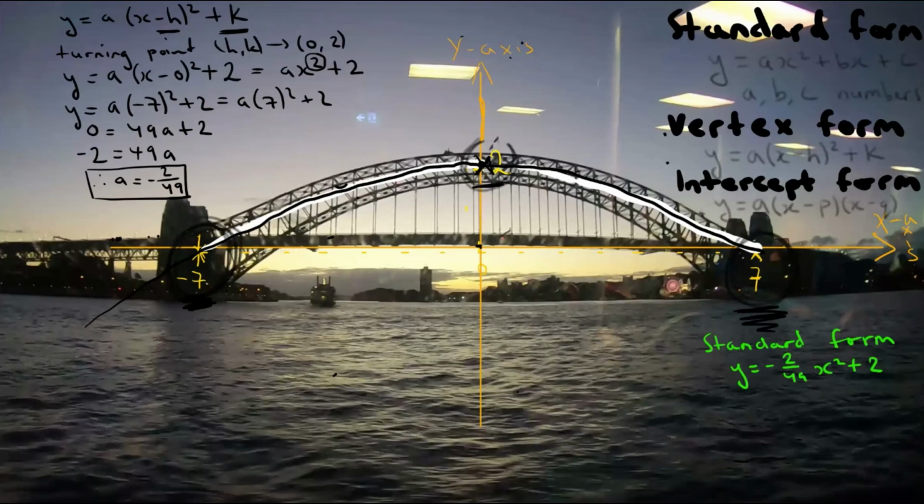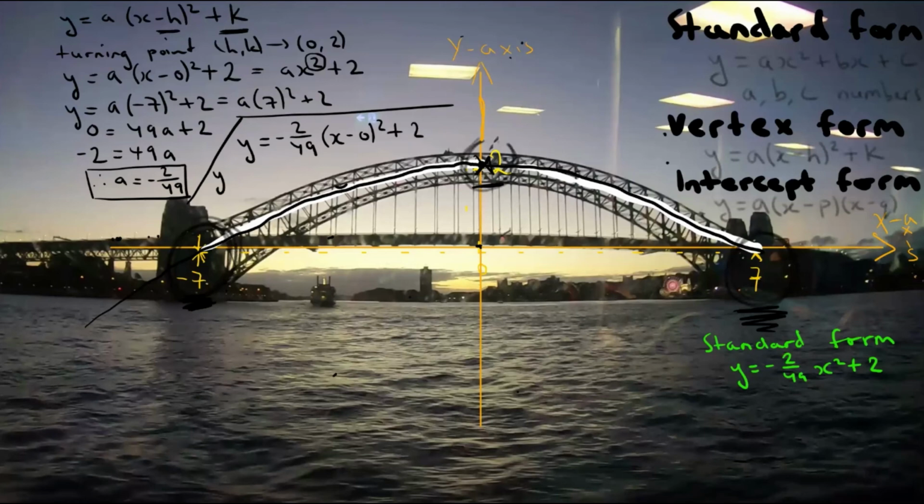It was quite easy because we just directly substituted from the known turning point that we identified from our graph. Okay, so therefore y is equal to, looking back at this form, a we know is minus 2 over 49, times (x minus 0) squared plus k, which is plus 2.